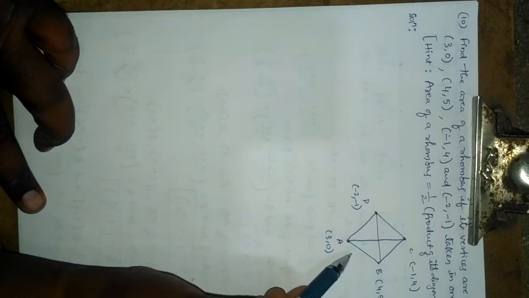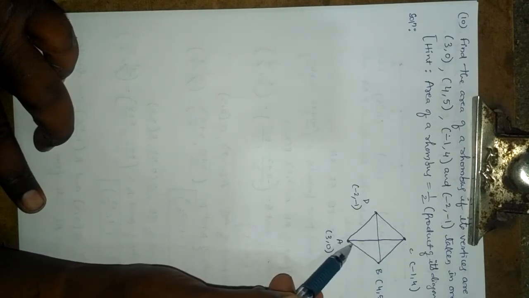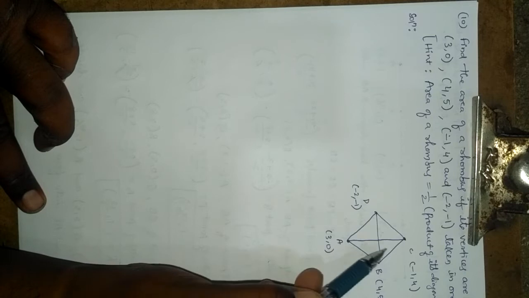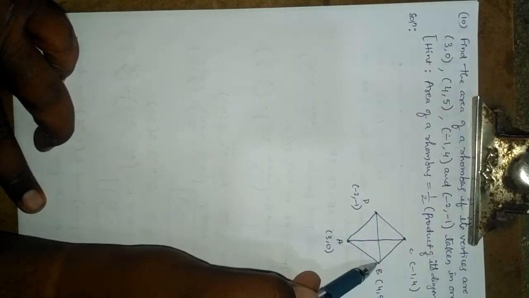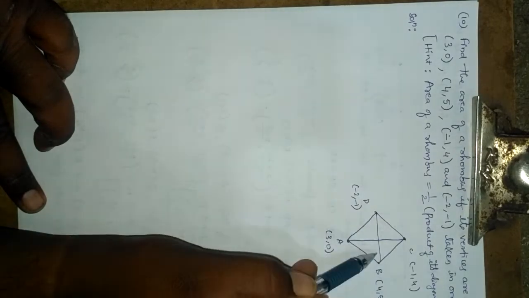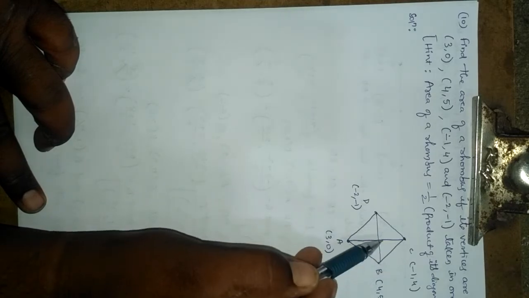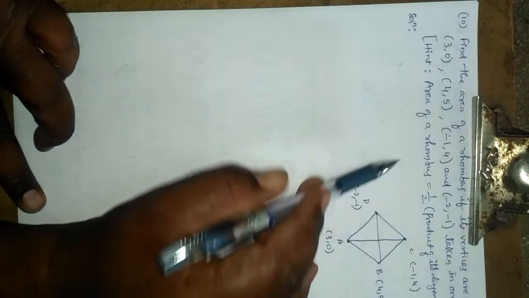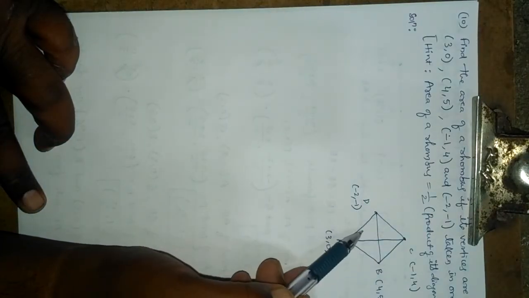To find the area of the rhombus, first we have to find the length of AC. How do we find it? By using the distance formula for the given 2 coordinates. In the same way, by using the BD coordinates, we use the distance formula to find the second diagonal. After finding the diagonal lengths AC and BD, if you substitute in the area of rhombus formula, we are going to get the rhombus area.